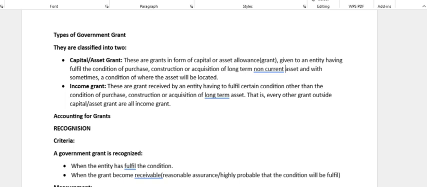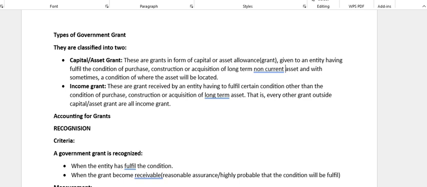For instance, if you meet the condition of acquiring, for instance, we know that energy is a big problem in Nigeria. Now, if the government should say, if as an entity you are able to give a local government energy supply, we are going to allow 20% of the cost of your machinery as a grant to you.